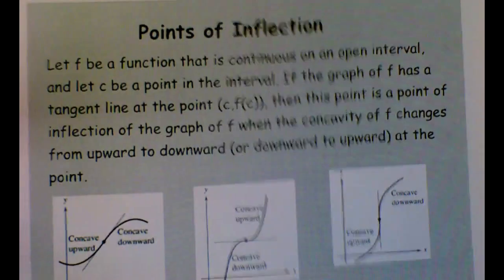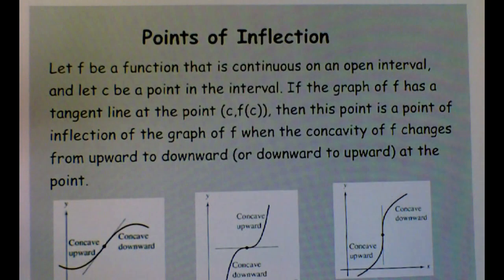Now for a new vocab word, points of inflection. Let f be a function that is continuous on an open interval, and let c be a point in the interval. If the graph of f has a tangent line at the point c, f of c, then this point is a point of inflection of the graph of f when the concavity of f changes from upward to downward or downward to upward at the point.